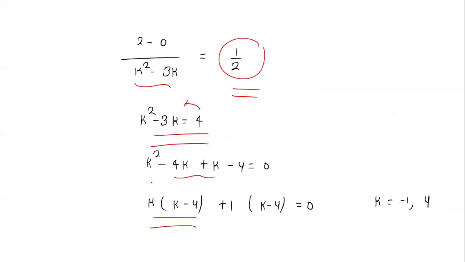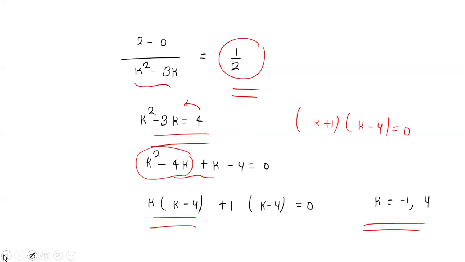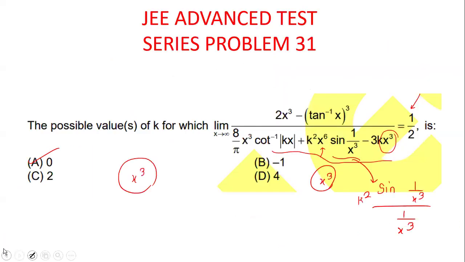Then you can take k common from these two and write it in this way. So you will get two factors, k plus 1 and k minus 4. So you will get two values of k, one is minus 1 and the other is 4. So this is also correct and this is also correct. So options A, B and D are correct, and in this way we can solve this.